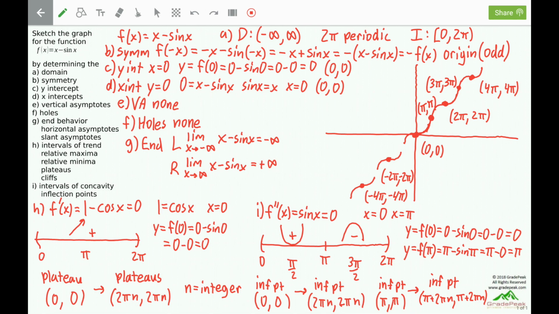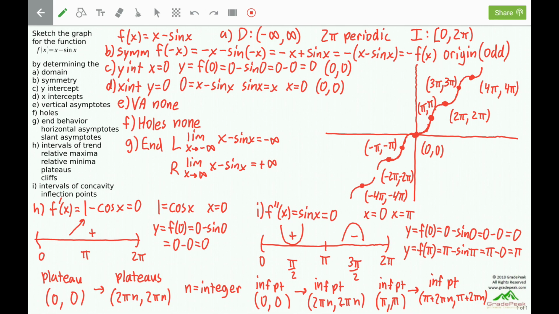If n equals -1, we'll have an inflection point at pi plus 2 pi times -1, pi minus 2 pi, which is negative pi, comma negative pi. That'll be right here. So we can label that as negative pi, comma negative pi. And again, it'll be concave up on the left side of it and concave down on the right side of it.